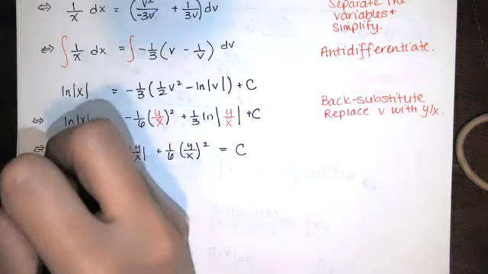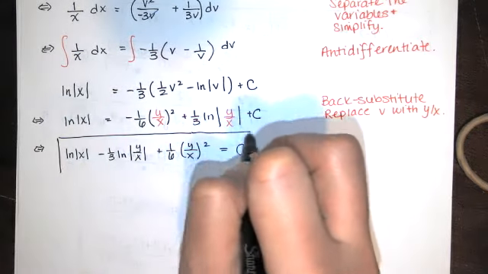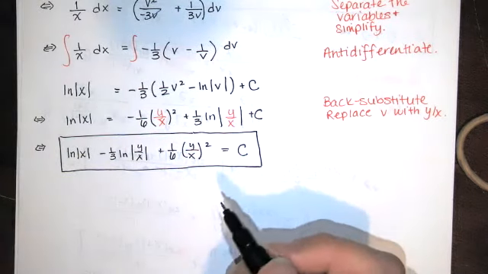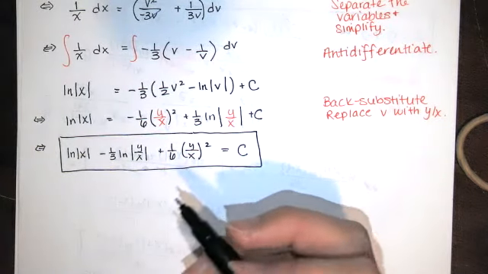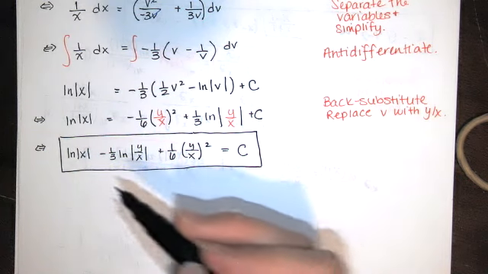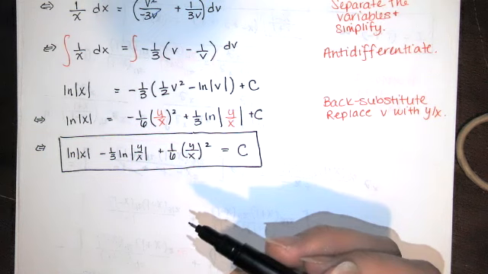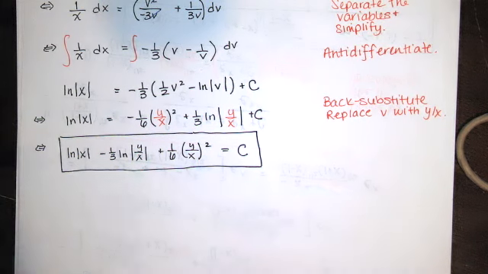So I guess I suggest that we would stop here. But there are many ways to write this answer. Using log properties, or multiplying by a constant, or multiplying by 6x squared, we could write this in many different forms, and all of them would be correct.